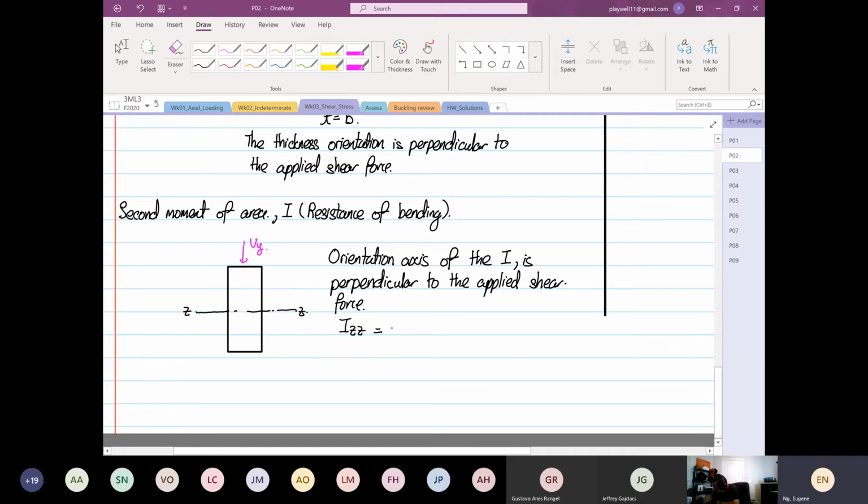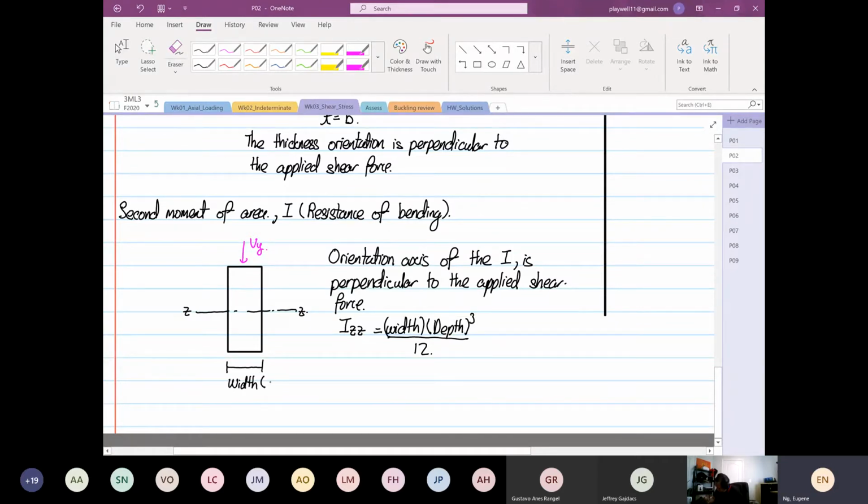Okay, so this will be IZZ is equal to width multiplied by depth cube divided by what? 12. Okay, so the width is always perpendicular to the applied force. So this is the width.